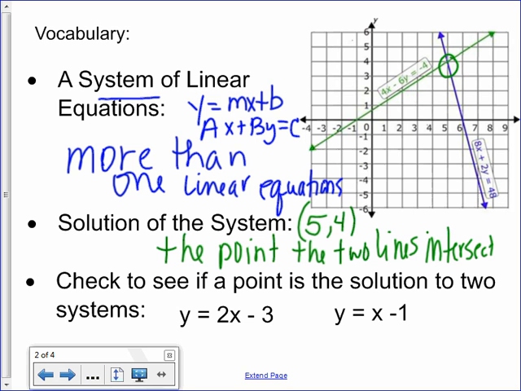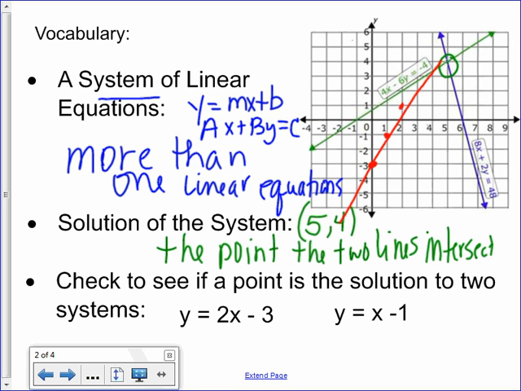Okay, so let's look at these two linear functions here. Linear functions, linear equations. y equals 2x minus 3. Okay, I'm going to graph that one. I'm going to graph it in red. I'm going to graph it using the y-intercept of negative 3 and the slope of 2. This is going to be rough there, something like that.